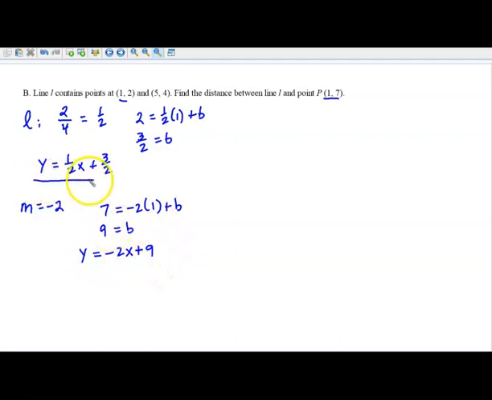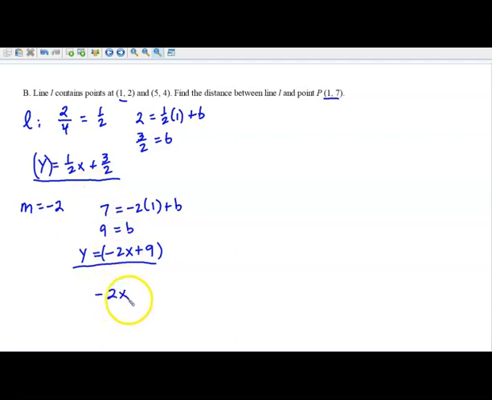Okay, so we got our two equations, and now we're going to put these together as a system and solve. When we solve a system, we're basically saying where these two would intersect. All right, and so again, I think substitution makes sense. I'm just going to let -2x plus 9 replace y, and we'll find out what x is.